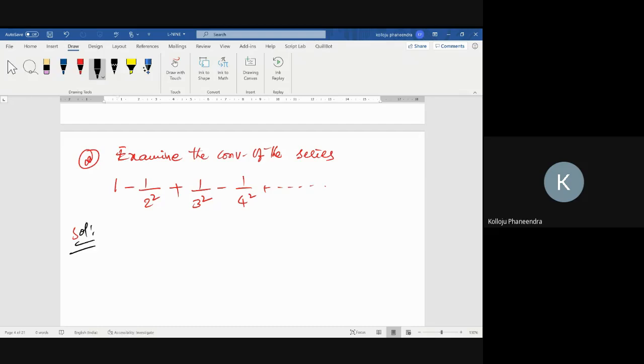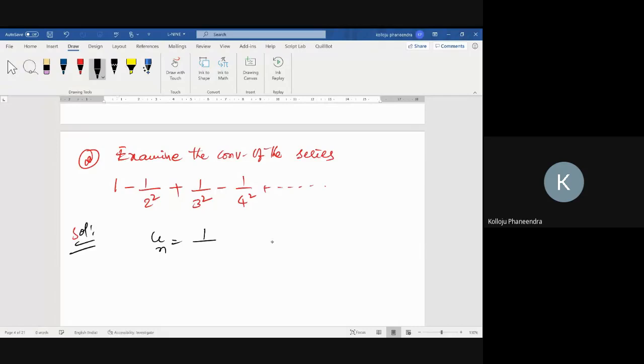When the alternate series is convergent, then go for the absolute series test, that is sigma mod un. Test if it is convergent. If it is also convergent, then both are convergent, absolute. If the absolute series is divergent, then the series is conditionally convergent.